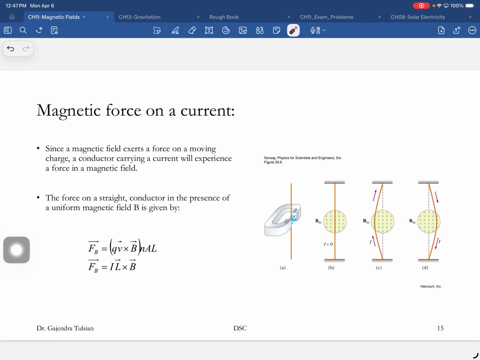Does charge feel a force when it's not moving? No. So if the current is zero, the conductor won't feel a force. And so here is the force on a conductor due to a bunch of moving charges.